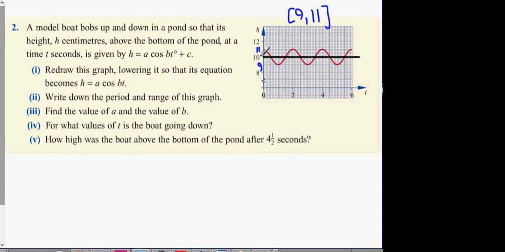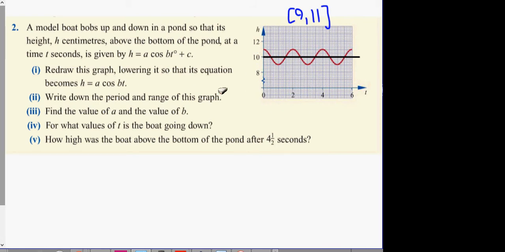That means you go up 1 and down 1. Up 1 and down 1, okay? And you mark the same point here. Number 1 is the lowest point, number 2 is the upper point, number 3 is the lower point, number 4 is the upper point. Put together, that's how you go about drawing it.